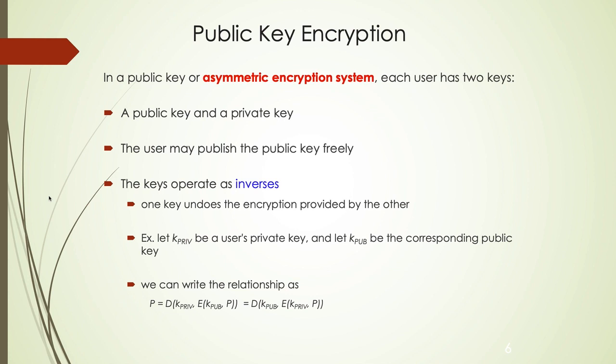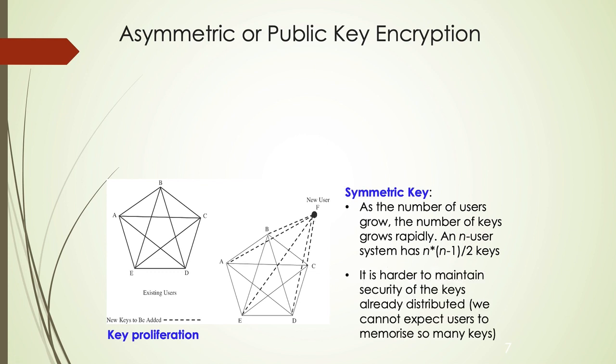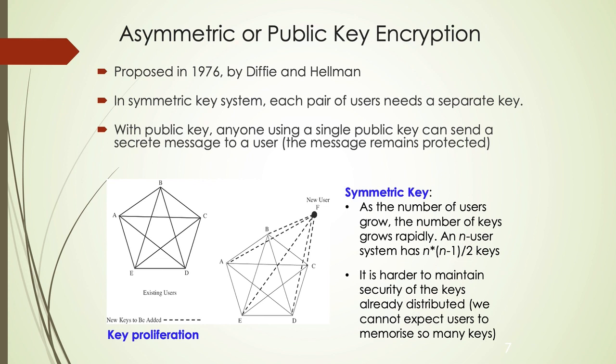So I'm going to explain the main motivation for the development of asymmetric encryption systems. So take the symmetric key, for example. As the number of users grow, for each new user that comes into the communication network, they have to make n times n minus 1 divided by 2 keys.